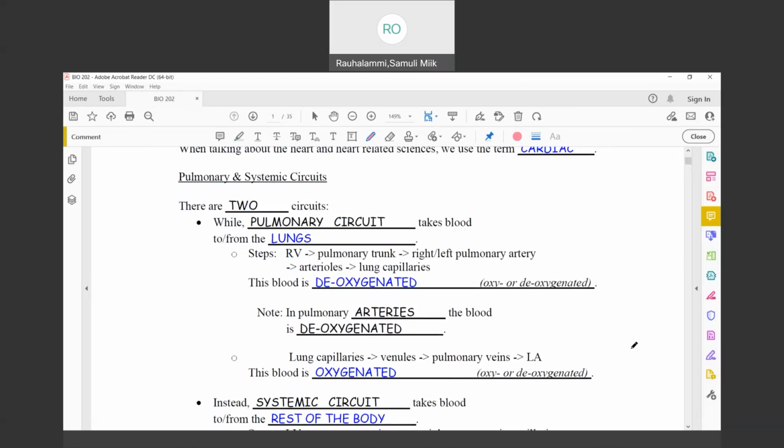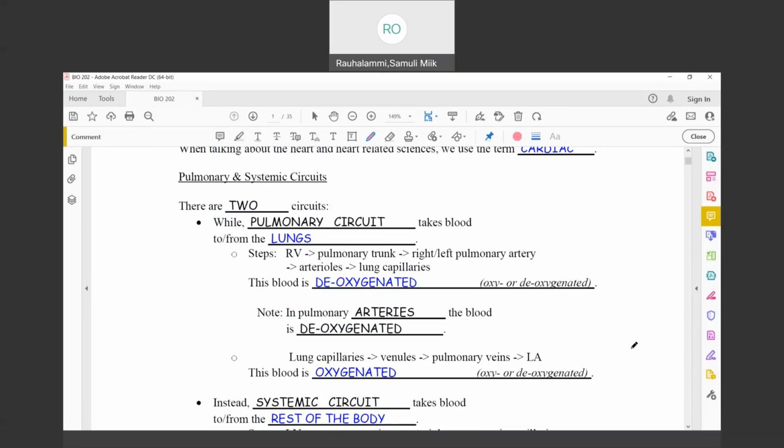The patient's right side of the heart receives the blood from the systemic circulation. This blood is deoxygenated, so low in oxygen, and it pumps it out to the pulmonary circuit, so to the lungs.